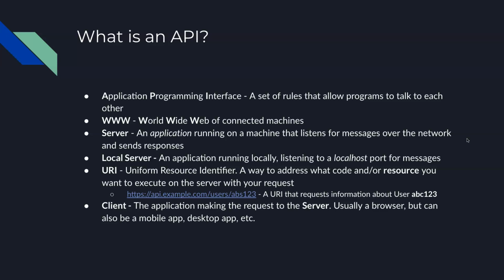Okay. And finally, the client. When we talk about clients, we're talking about the application making a request to the server. In modern day clients, a lot of the time that's a browser running a web page. And the JavaScript executing on the web page is running inside of the client application and is the thing making the request out to the server. But we can also be talking about mobile apps.